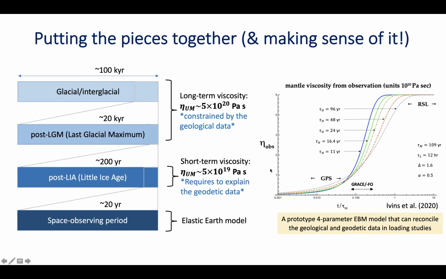This EBM model, by the way, is also supported by laboratory experiments of rock creep in a high temperature and pressure environment. And seismologists have recently made significant progress in constraining the EBM model to satisfactorily explain post-seismic deformation.